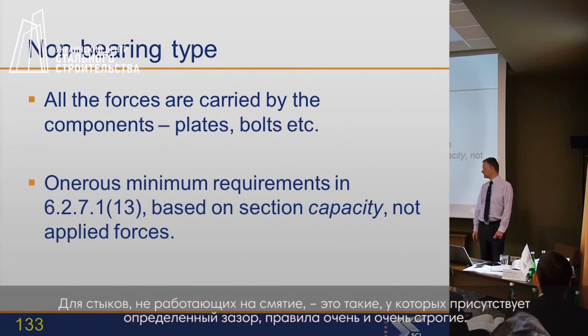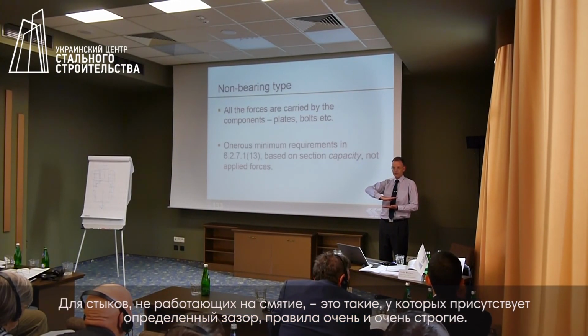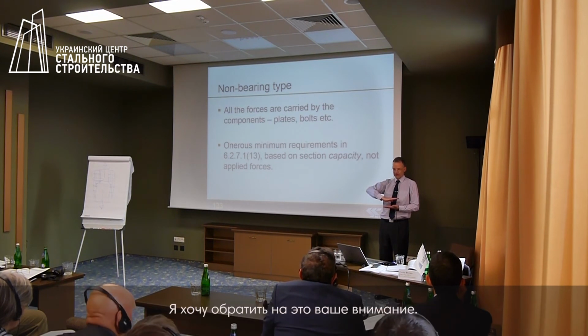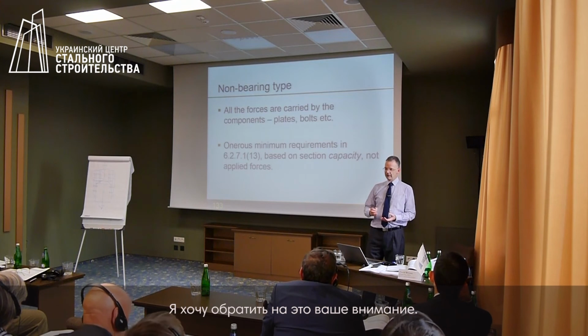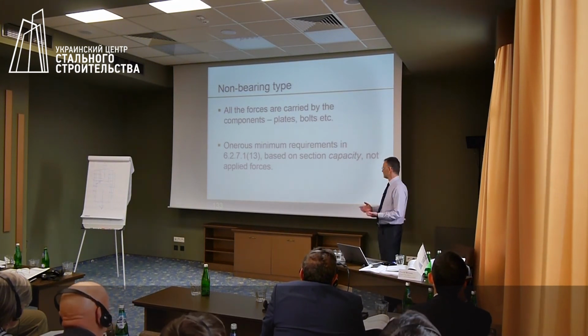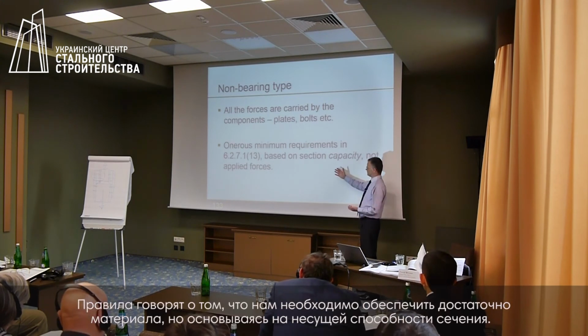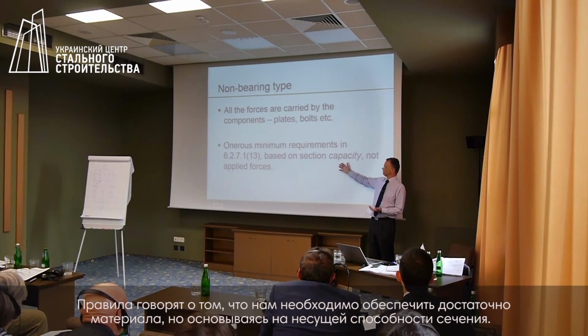For non-bearing type splices, so they would be splices where there is a physical air gap between the two sections, then I would warn you that the rules in the Eurocode are very, very onerous. Because the rules say that we must provide enough material, that the material must be based on the section capacity.